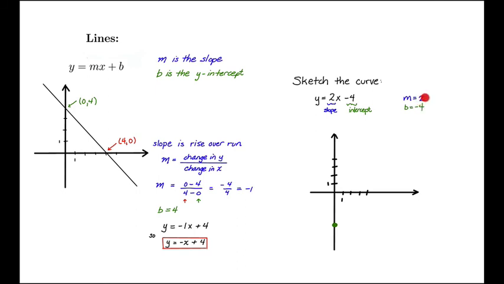So we can think of this 2 as the value 2 over 1. So I'm going to go up 2 and over 1 and draw a point. I'll do it again, and a couple more times I'll draw another point, and I'll draw a last point here. And then the last piece is to connect these in a straight line. And there we have our line y equals 2x minus 4.